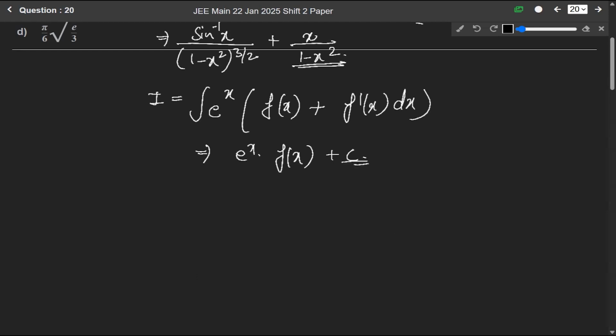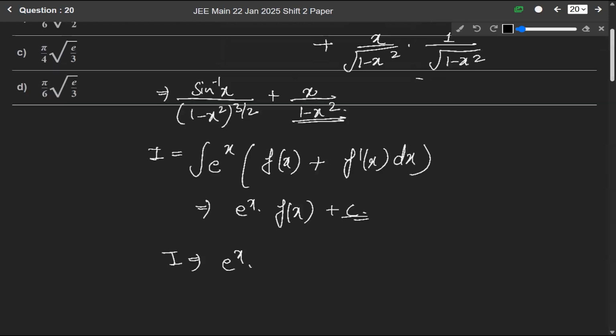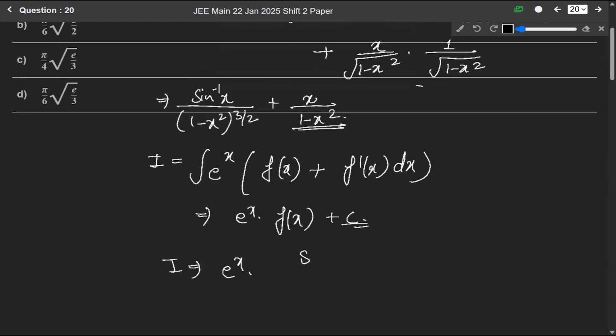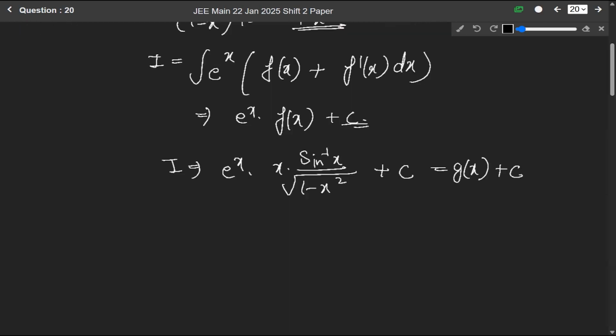So I will be equal to e^x f(x), where f(x) is x sin⁻¹x / √(1 − x²), plus c, which means it equals g(x) + c, where g(x) is x e^x sin⁻¹x / √(1 − x²).